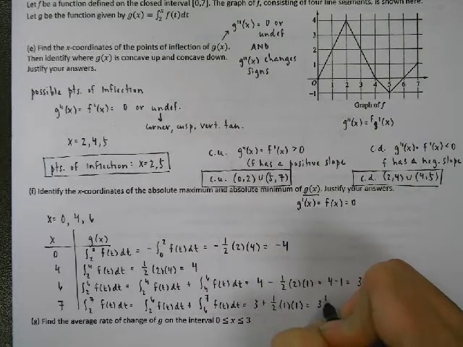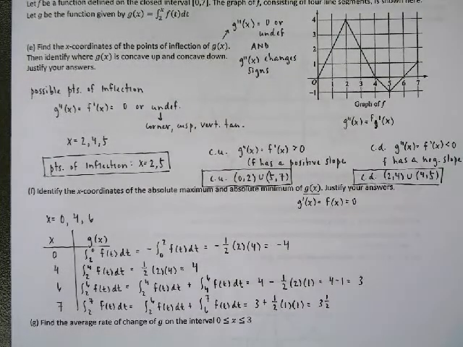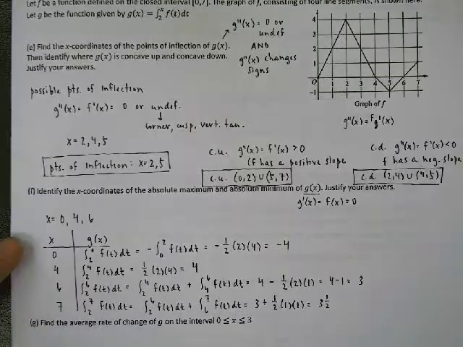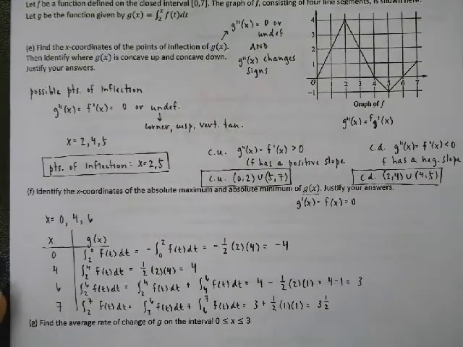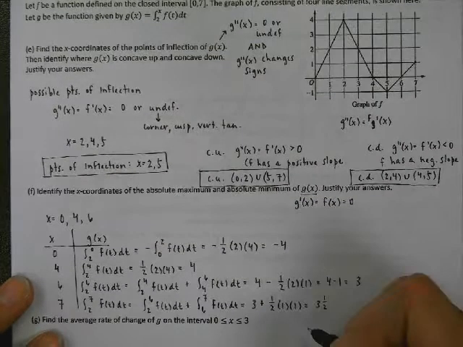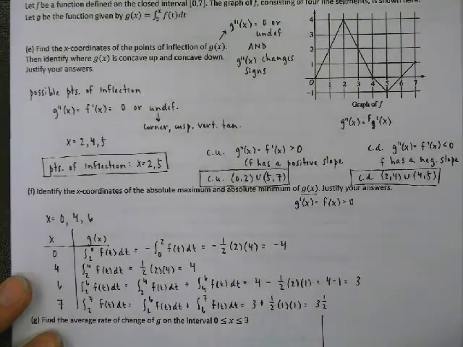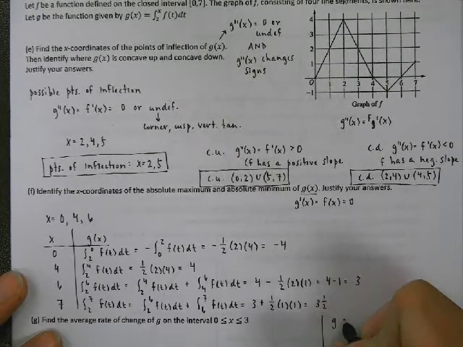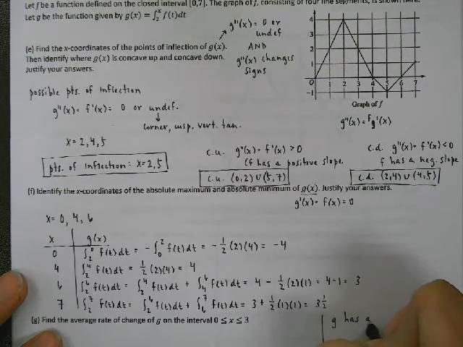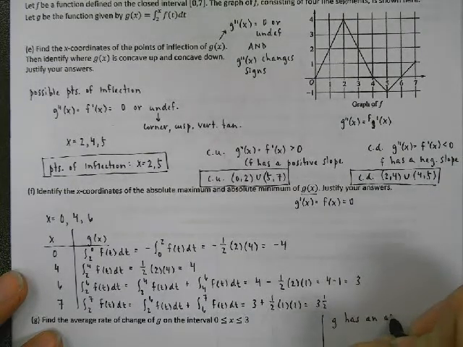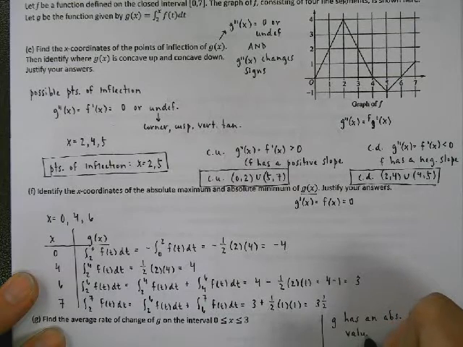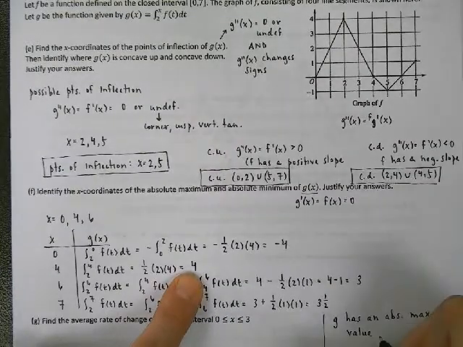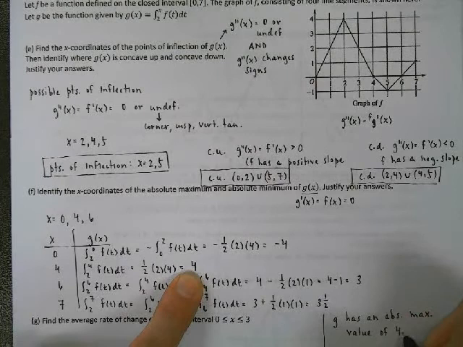So now I can use my table to find the absolute maximum and absolute minimum values. So I'm going to write this down here because I'm running out of room. So I'm going to say G has an absolute maximum value, and let's see, that's going to occur here, of 4 at x equals 4.